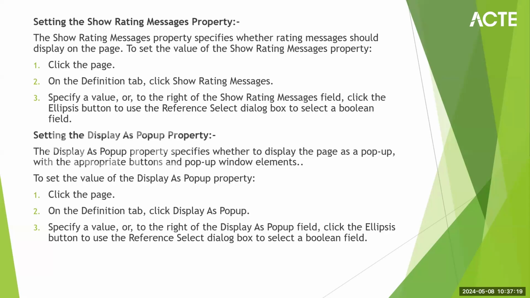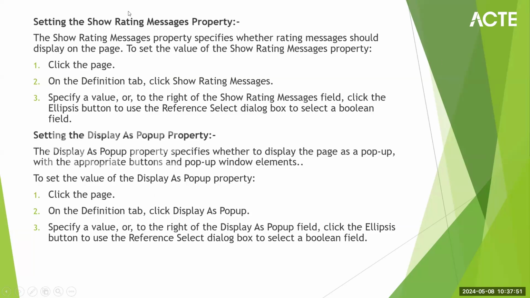Setting the display as a pop-up property. On click of that particular page, or on navigating to the particular page, if any pop-up should appear, then you can use this condition. Click on the page, on the definition tab, click display as a pop-up. For example, while creating a policy, when you navigate to the next screen, the screens will be account screen, rating, issue, bind, like this.